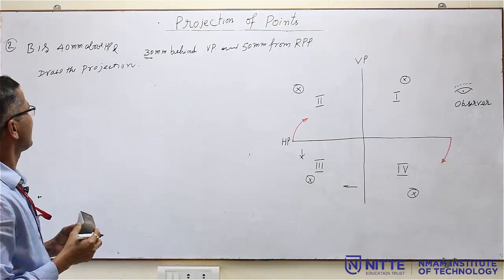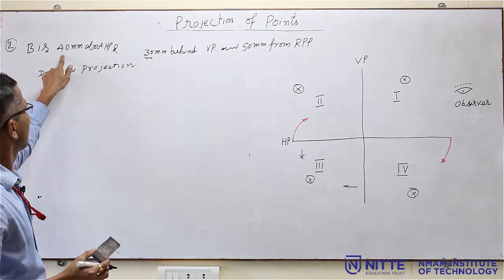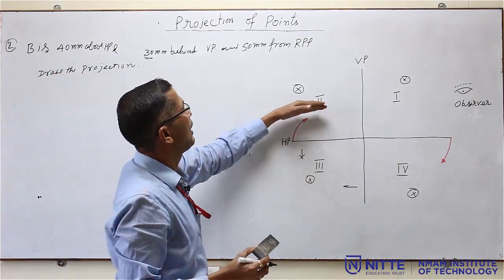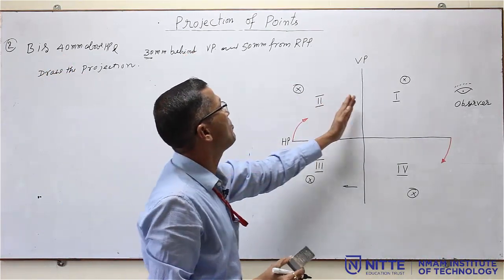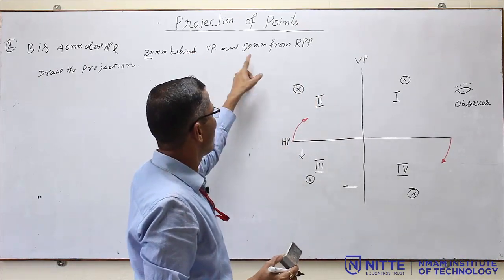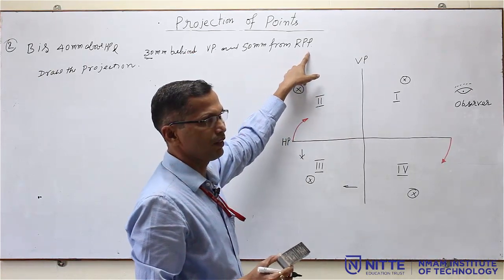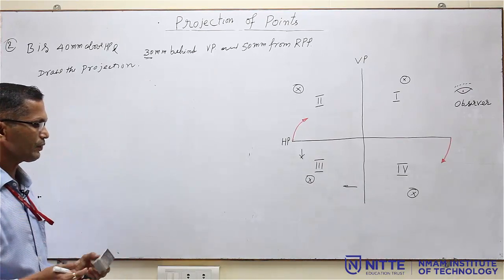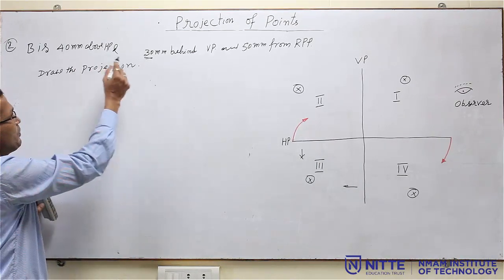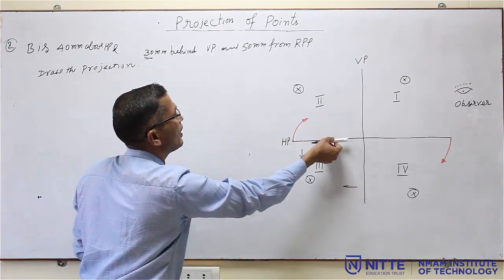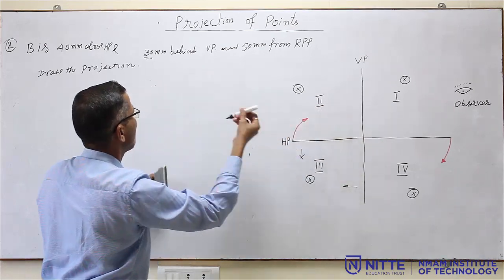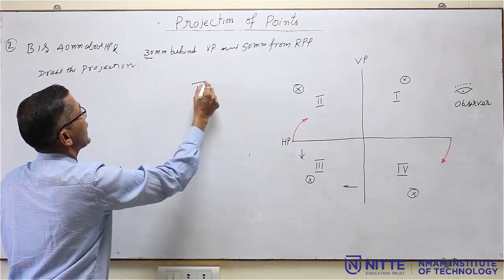Remaining I will keep it as same. Point B is 40 mm above HP and 30 mm behind VP and 50 mm from RPP. Draw its projection. Now, it is above HP and behind VP. That means it is in the second quadrant.